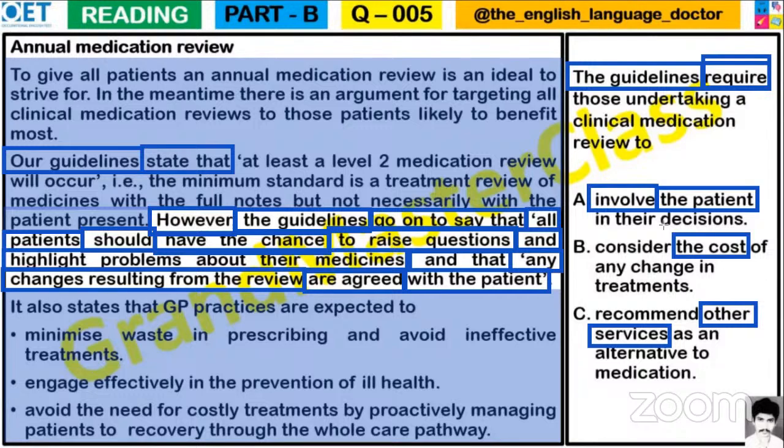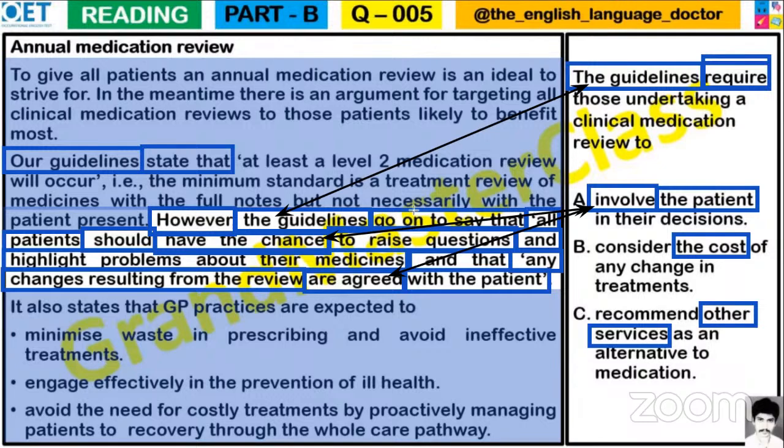Right, now let us see here. Patient should be involved and they should agree. Patient should have a chance means involve. The guidelines require. Wherever however is there, think that it is a twister. The question will be changed.